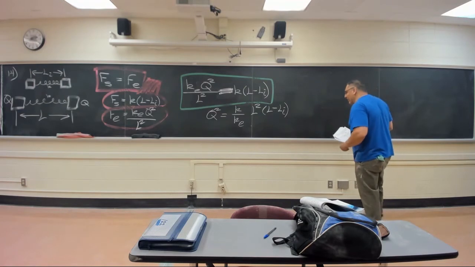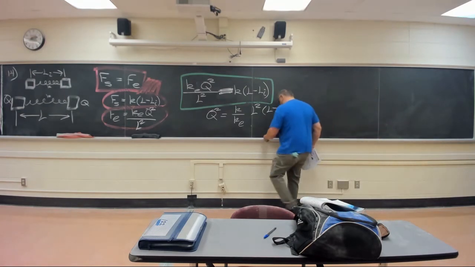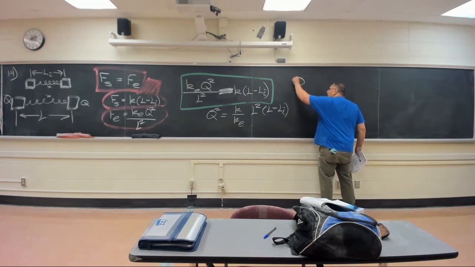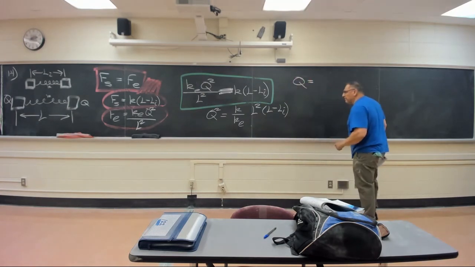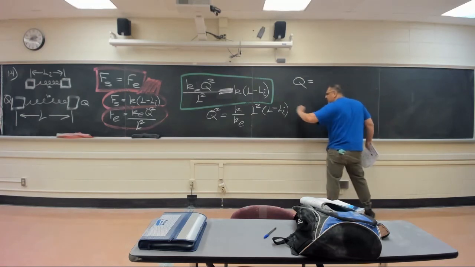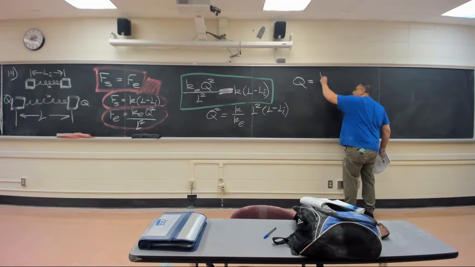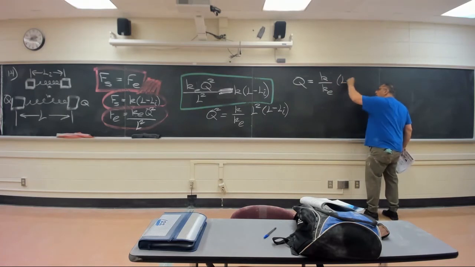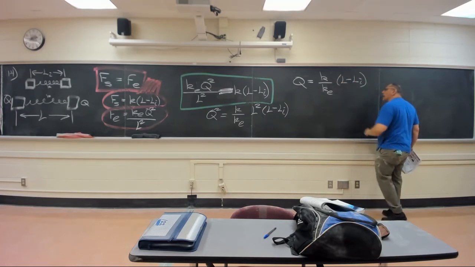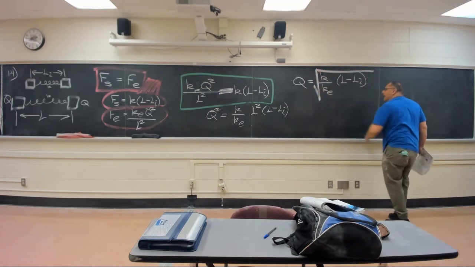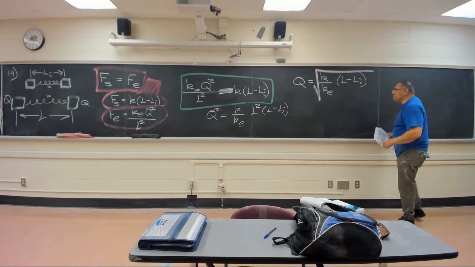Yeah, like I said, there's a lot of ways to go here, guys, and you know a lot of the stuff anyway. Take the square root of each side. I think I showed it a little differently in my notes, but not a big deal.